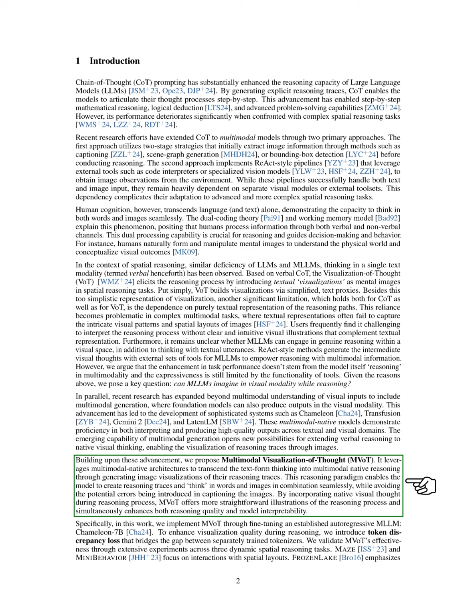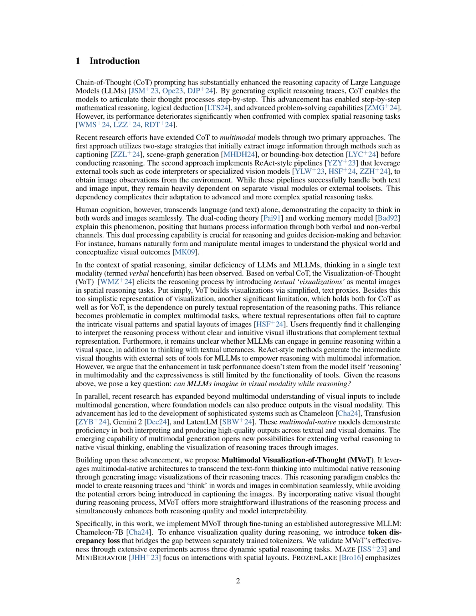In summary, our main contributions include the introduction of MVoT as a novel reasoning paradigm that combines text and vision, the implementation of MVoT in Chameleon 7B with token discrepancy loss, and comprehensive experiments demonstrating MVoT's superior adaptability and robustness in complex spatial reasoning tasks. Section Summary.